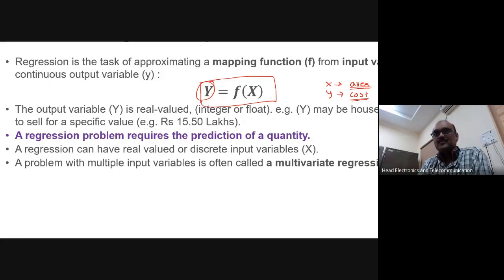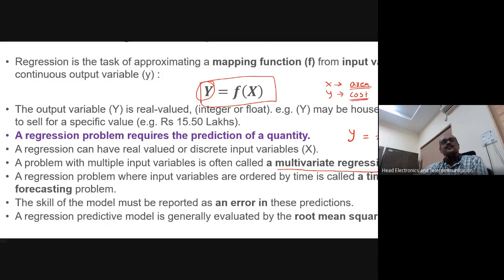For example, suppose y is a function of x1, x2 up to xn. Instead of only one variable, there is a list of variables. If this is the situation, then it is multivariate regression. The output is one, but you have many inputs, so the output depends on many inputs.